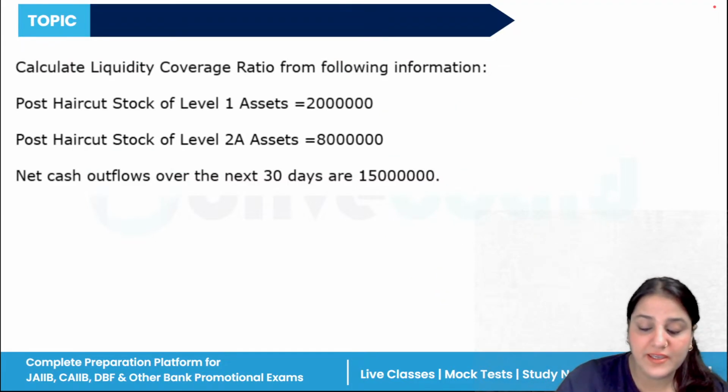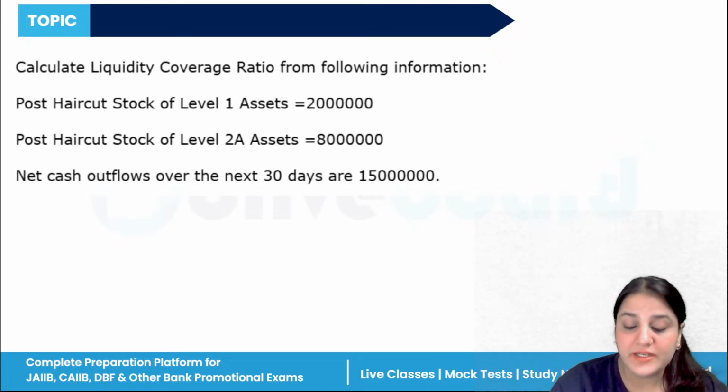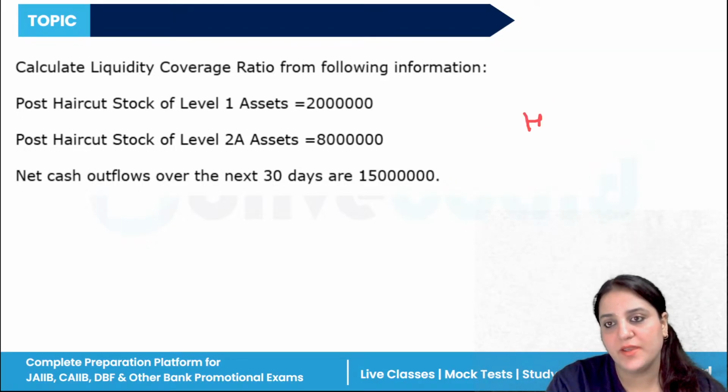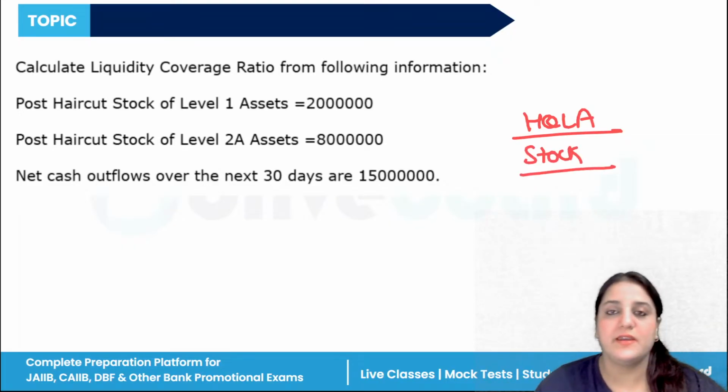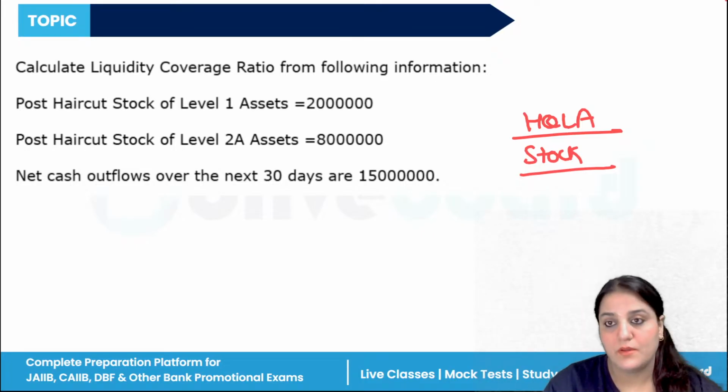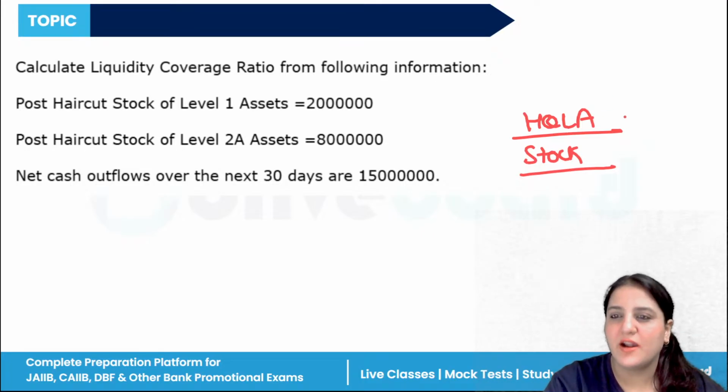Now we have to calculate the liquidity coverage ratio, and the information is given. The formula for the liquidity coverage ratio is HQLA divided by the stock of net cash flows for the next 30 days, and you can multiply by 100 also.